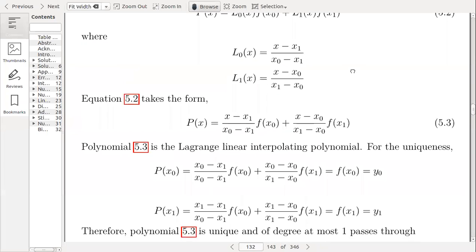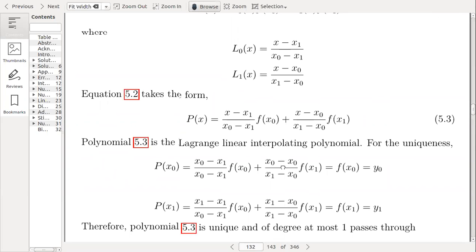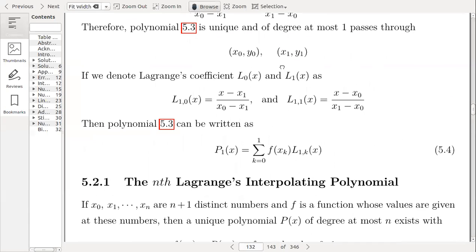The second way is that we can just put these coefficients: x minus x1 over x0 minus x1 f of x0 plus x minus x0 over x1 minus x0 into f of x1. And the third way is that we can write it in the form of a summation: p1 of x is equal to the summation k equal to 0 to 1 of f of xk L1k of x.